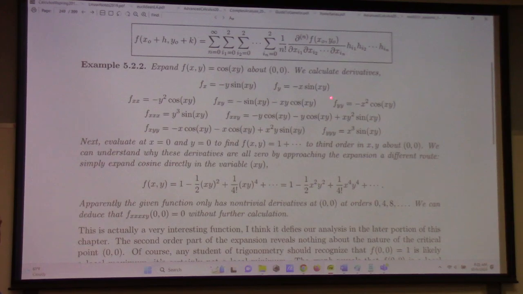It's pretty dumb, because what's a much faster way to calculate this formula? I take the known Maclaurin series for cosine from Calc 2, and I just substitute xy into it. And I get the same result without having to take 4 derivatives. I didn't even show you the 4th derivatives here, right? There's more.